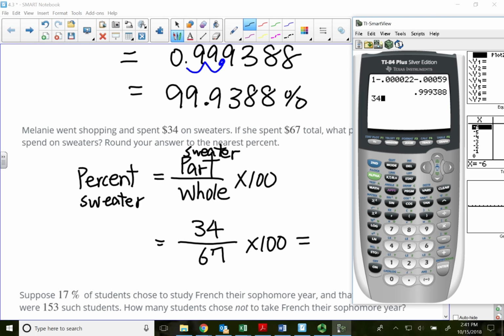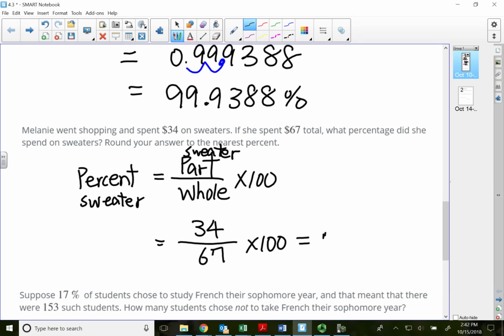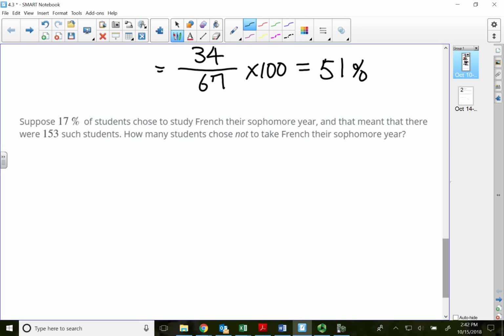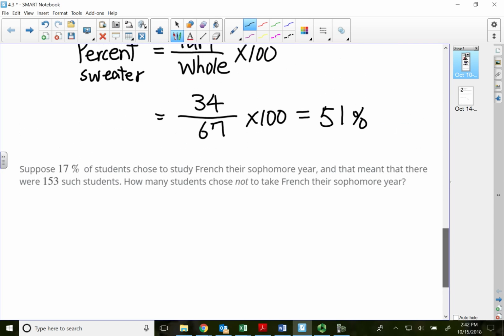That's $34 divided by 67, times 100. Round to the nearest percent. Once I times 100, that becomes a percent, then I can round to the nearest whole number, so that's about 51%. She spent slightly over half just on the sweater. All right, so that example is using the formula.